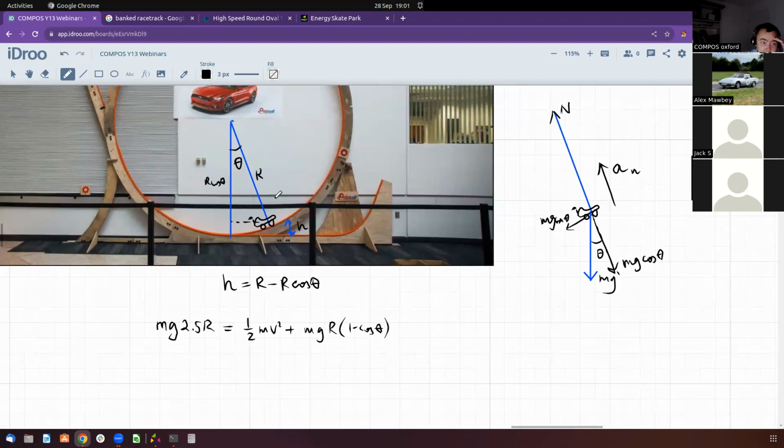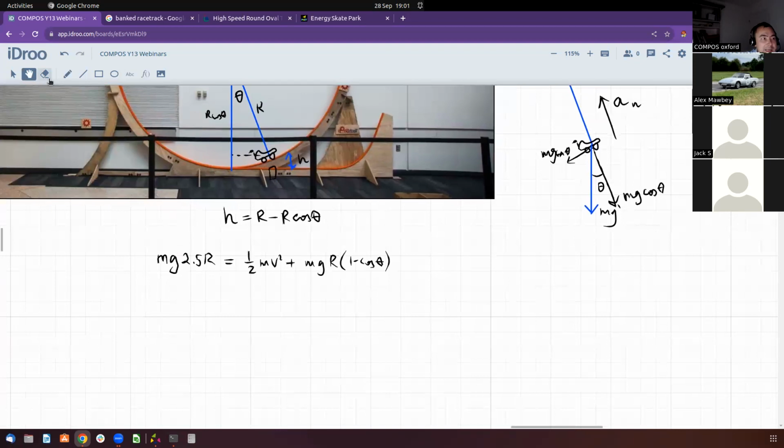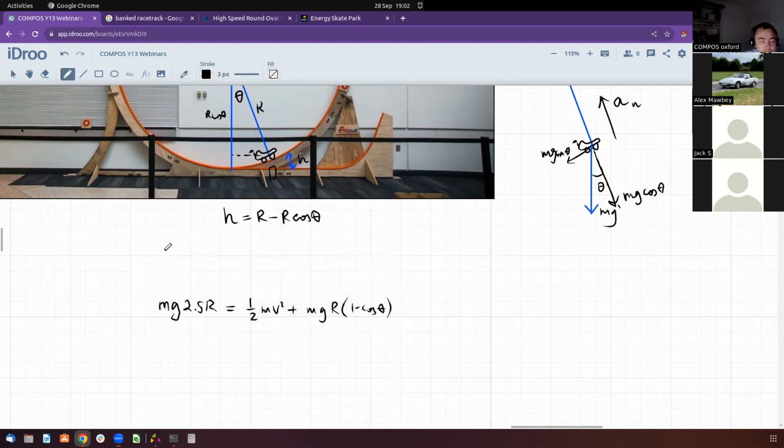So let's say the car is at point D. So the gravitational potential energy at the top is equal to the gravitational potential energy at D plus kinetic energy at D. All right, have I lost anyone?